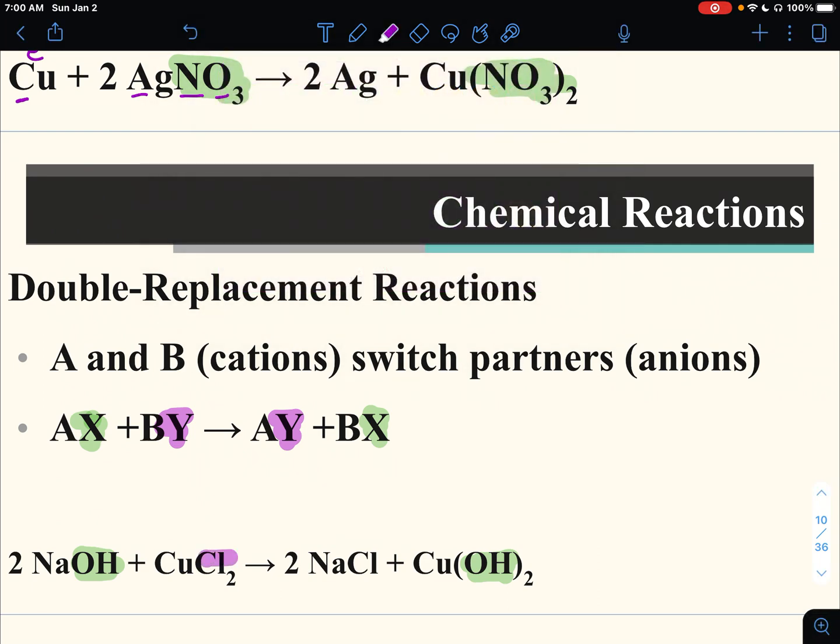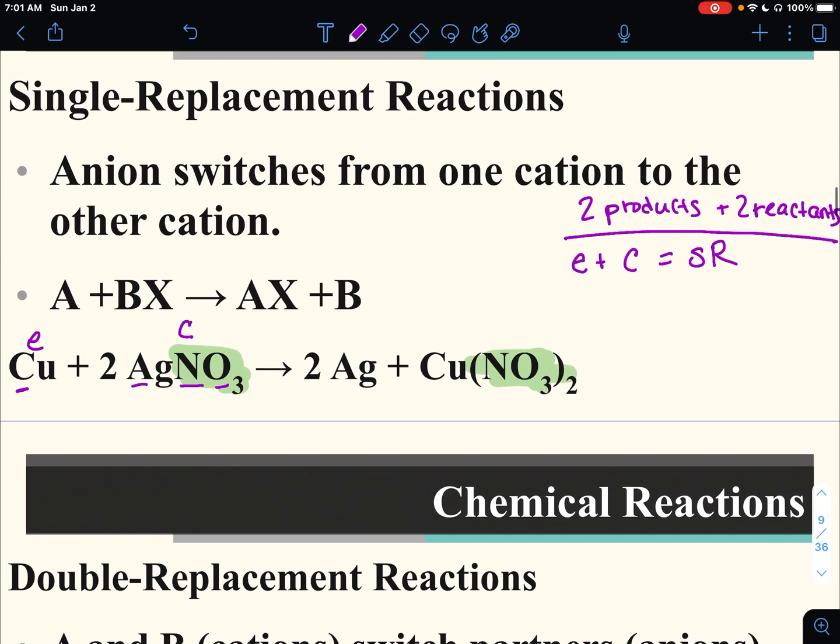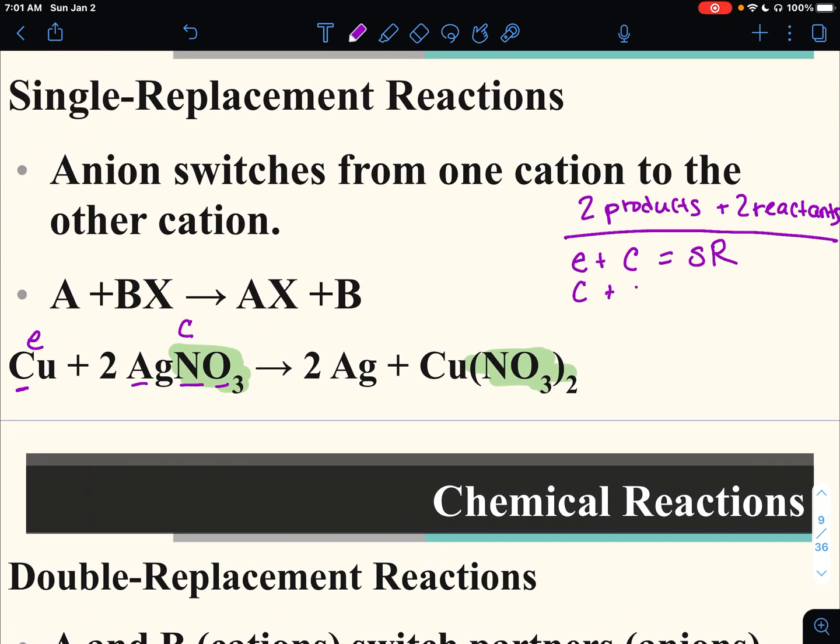And then we have Cl going from Cu to Na. So they are switching partners. You also can see that both reactants have more than 1 capital letter, so they are both compounds. So if you have a compound plus a compound, you get double replacement. And that's going to come in handy in just a few minutes when we start classifying these reactions.